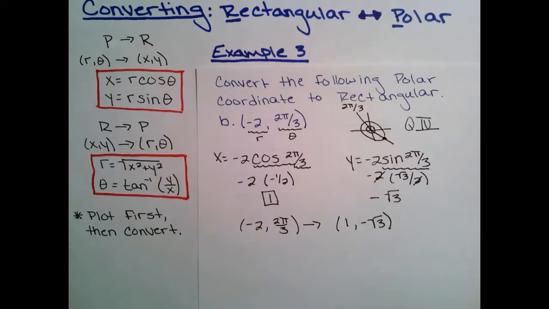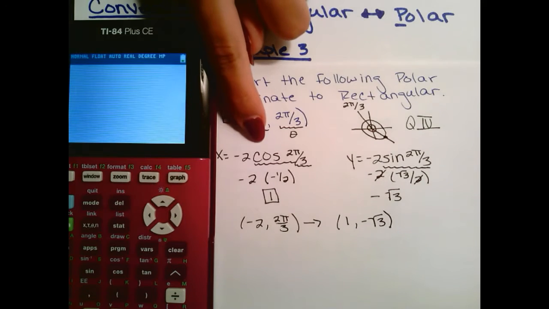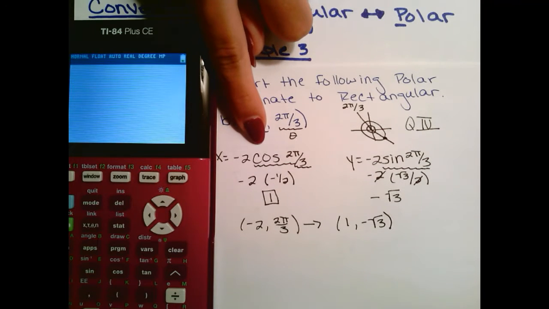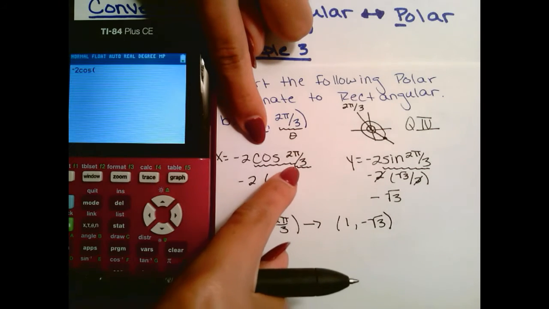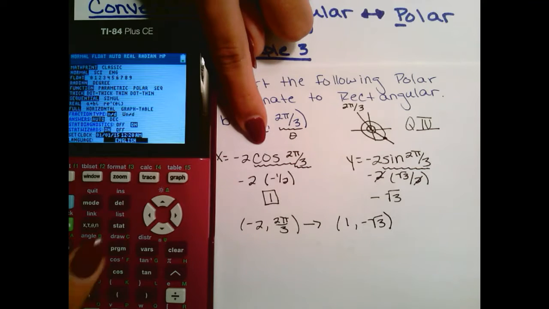If you feel more confident, and this is what I usually do with my trig classes with a calculator, you can just plug in this first line: negative 2 times cosine. I'm going to put a radian in, so I need to change my mode to radian.